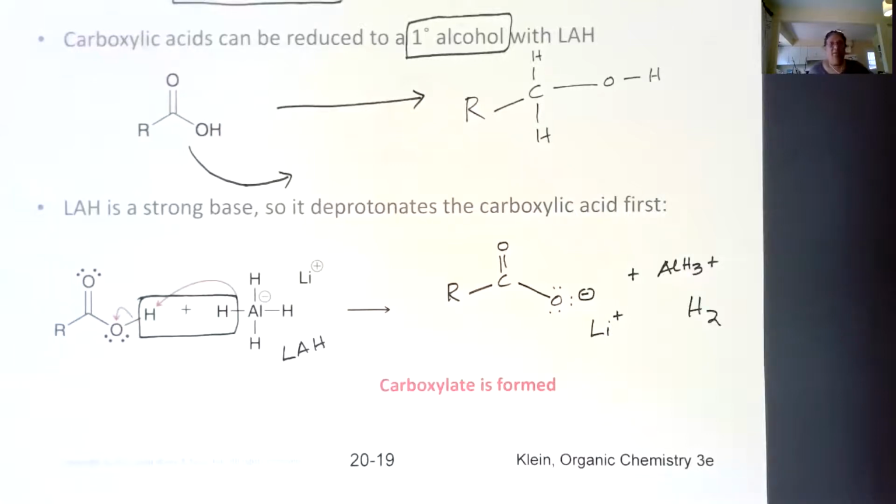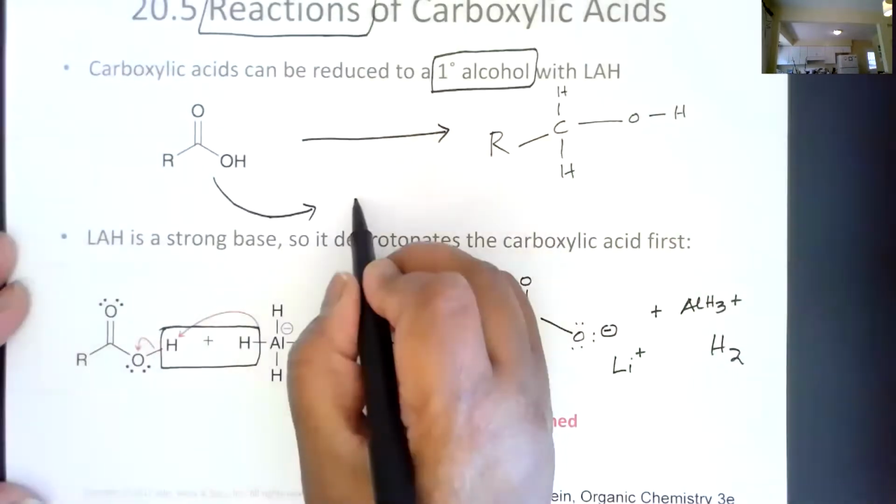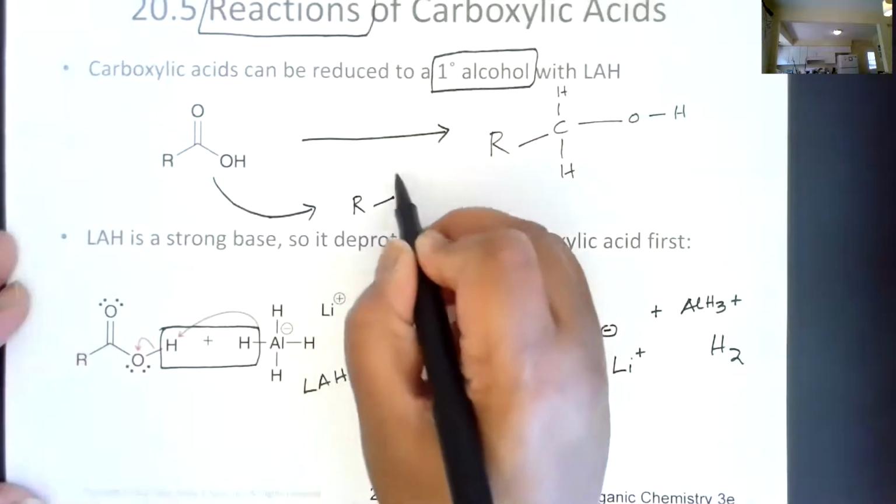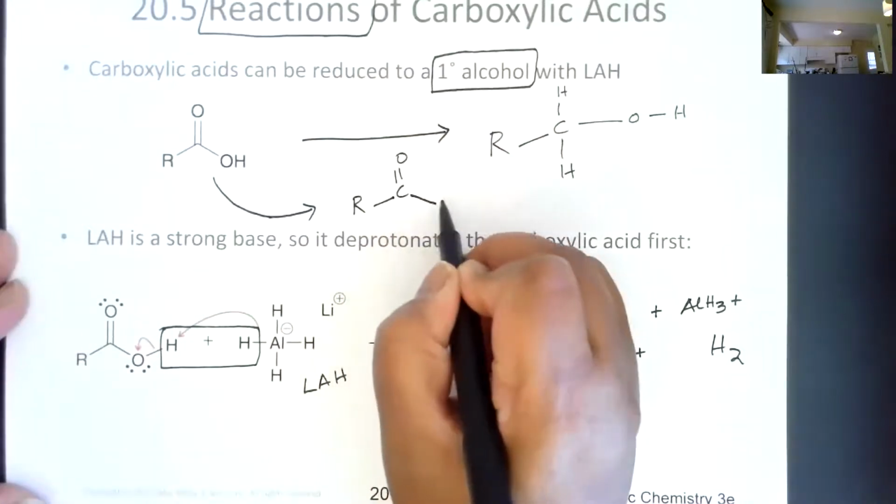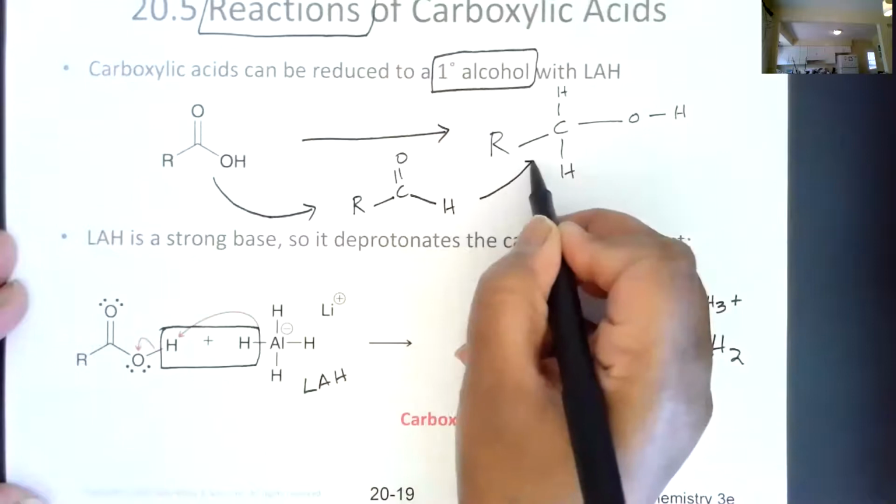You know about the oxidation of primary alcohols? Do you? What would it form? How'd she remember? An aldehyde? Aldehyde, yes. So we are going to convert this to an aldehyde.